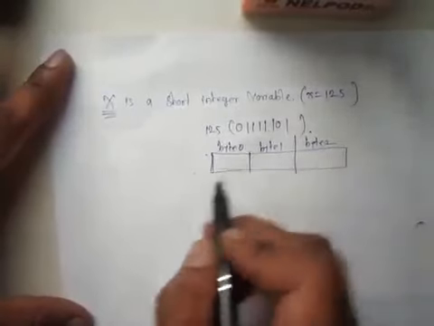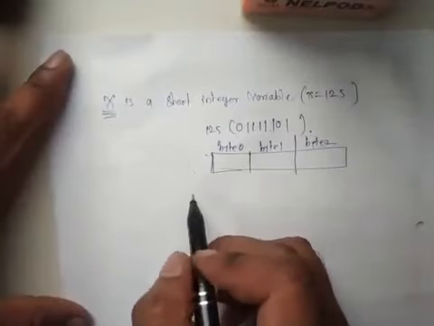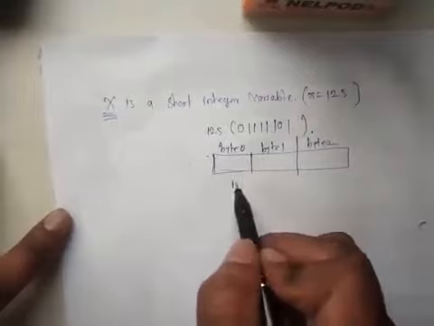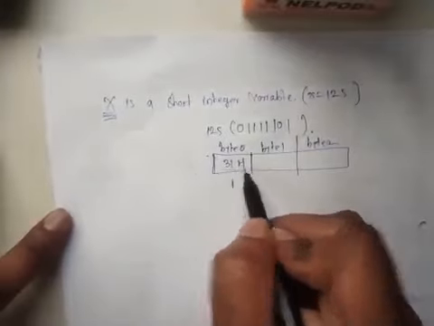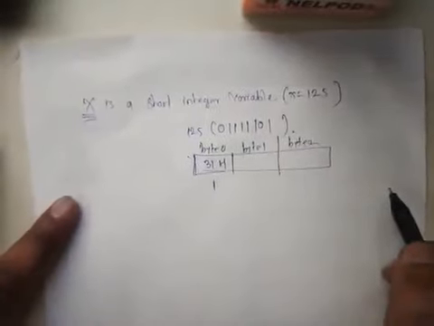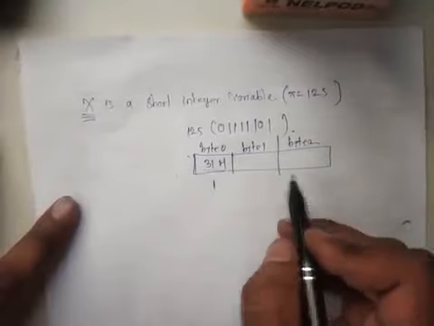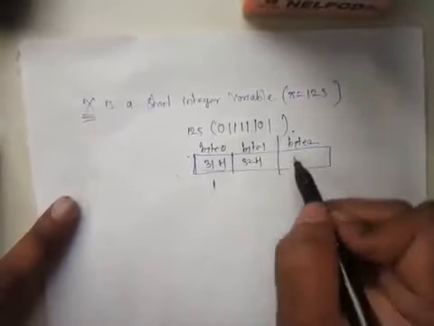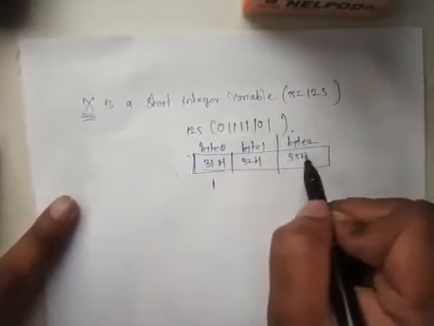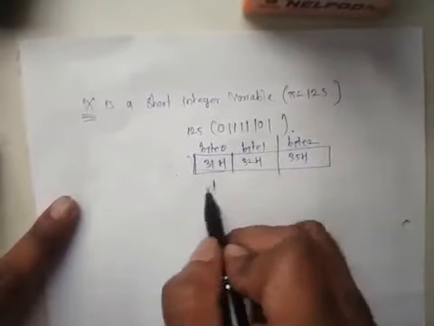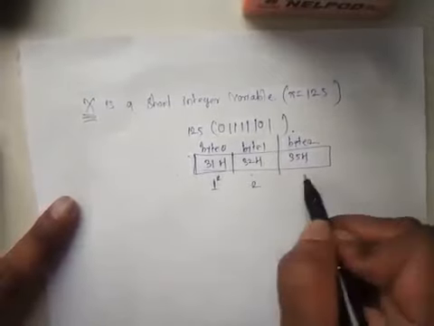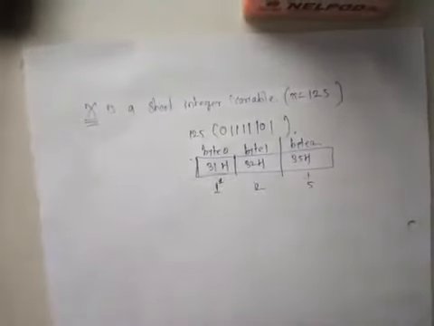We are storing 125, so the ASCII of 1 is 31h, the ASCII of 2 is 32h, and the ASCII of 5 is 35h.